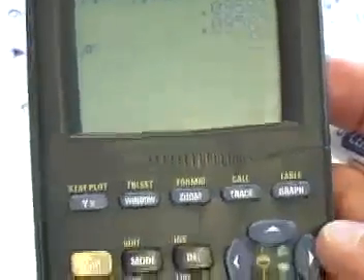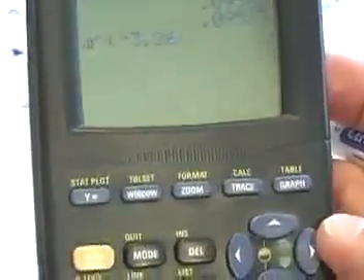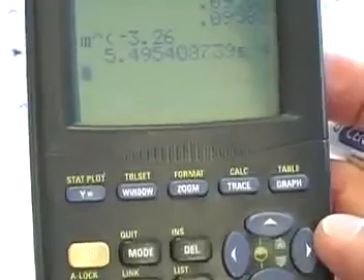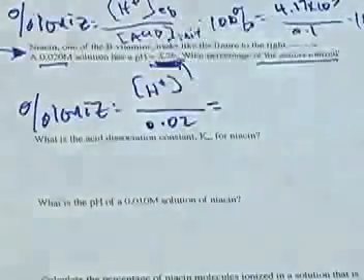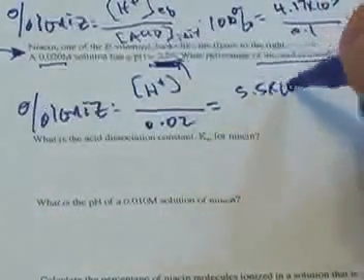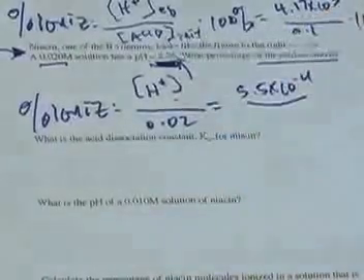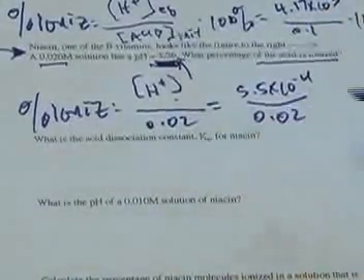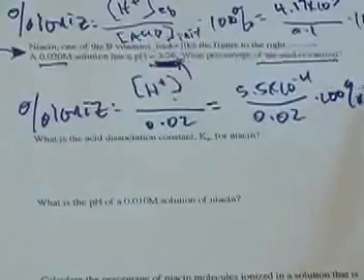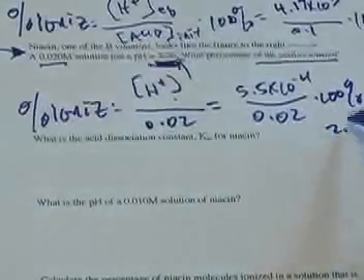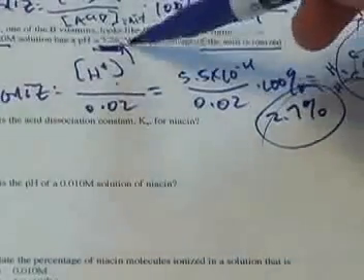That puts 10 to the caret, and then type in negative 3.26, hit enter, and it turns out to be about 5.5 times 10 to the negative fourth. So 5.5 times 10 to the negative fourth is the equilibrium concentration of H plus divided by 0.02 times 100%, and our percent ionization for this turns out to be about 2.7% ionized. So if they give you the pH, you can go right to the H plus, and of course since you know the original concentration, you can find the percent ionization pretty quick.